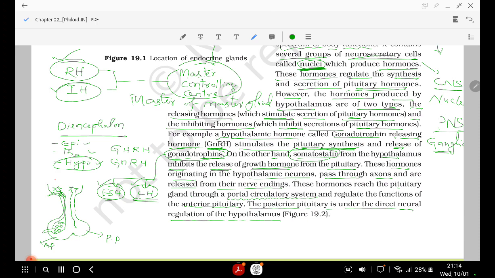That's why posterior pituitary is under direct neural regulation of the hypothalamus. So the two types of hypothalamus hormones regulate the pituitary gland. Hypothalamus regulates the synthesis and secretions of pituitary gland. That's why hypothalamus is considered the master controlling center, master of master gland.